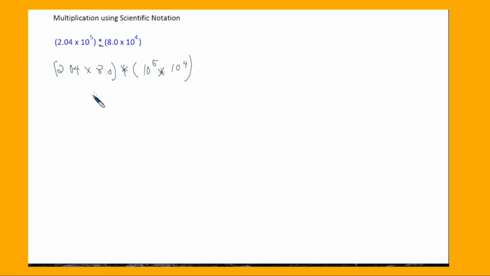The reason I do this is that with exponents, whenever we are multiplying two values that have exponents, like 10 to the 5 and 10 to the 4, then the exponents are simply added. So that would become 10 to the 5 plus 4, and the final result there is simply 10 to the 9.